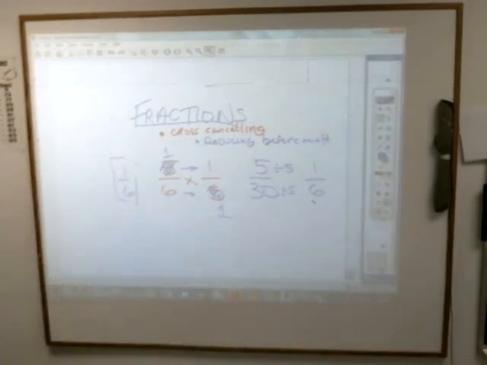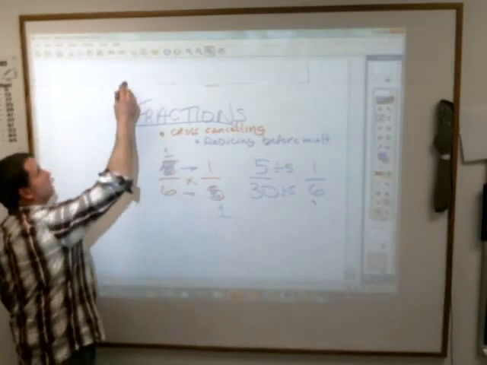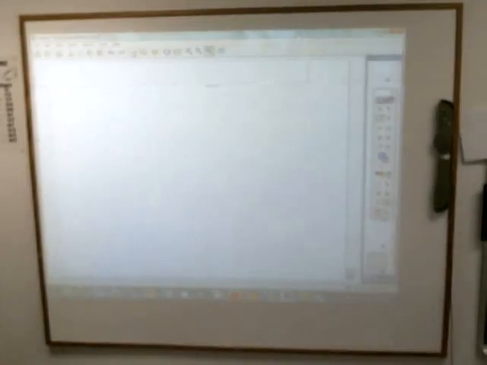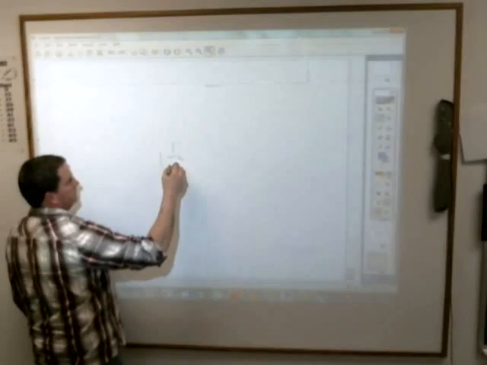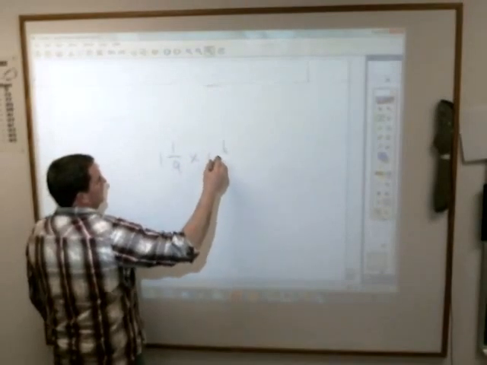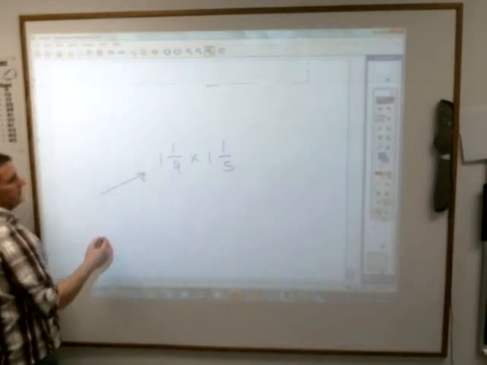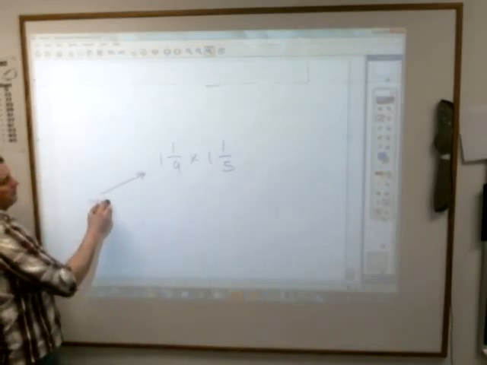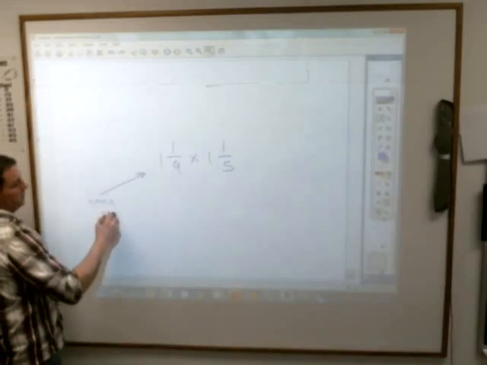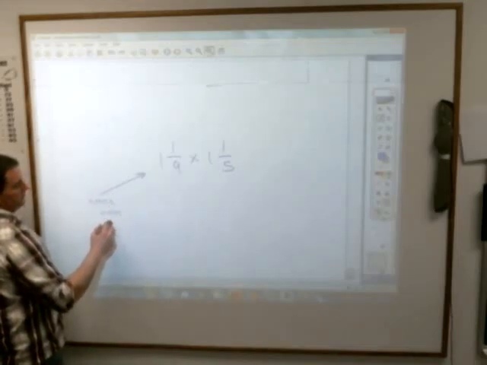There get to be very, very difficult long ones, like this one here. Well, this one isn't really difficult, but it is a different one. If you have 1 1/9 times 1 1/5, you cannot do cross-canceling until after you make them improper. So you wait until you make it improper.